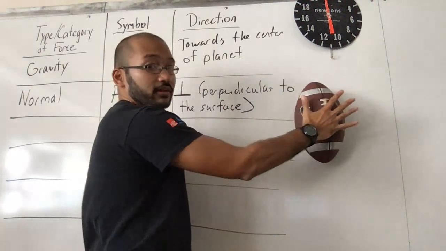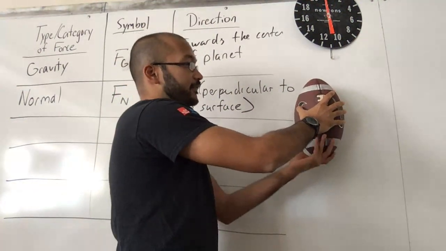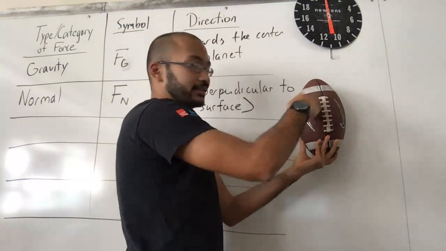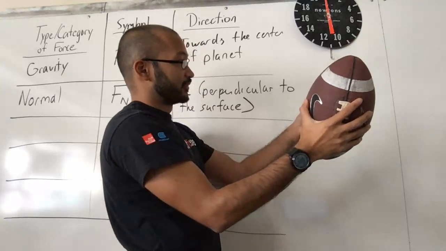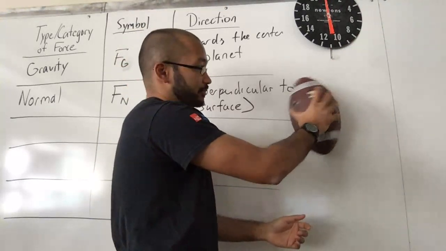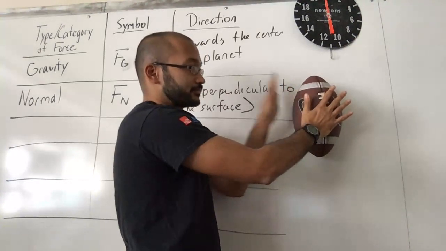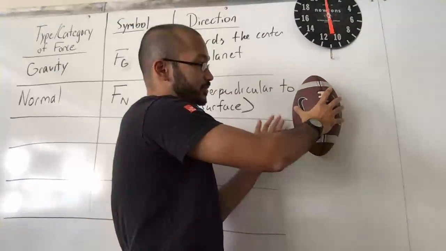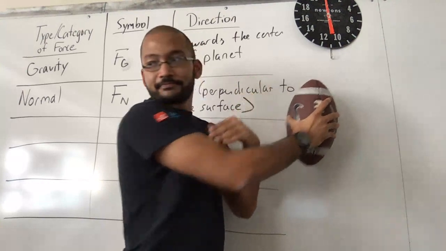Another example, if I am pressing this football against the board, there is a force that I'm applying on the football, in that direction, perpendicular to my hand. When the board is feeling the force being pushed in, it's pushing back on the football. That's why it doesn't accelerate in this direction. There's that pushback from the board onto the football, and that is perpendicular to it.